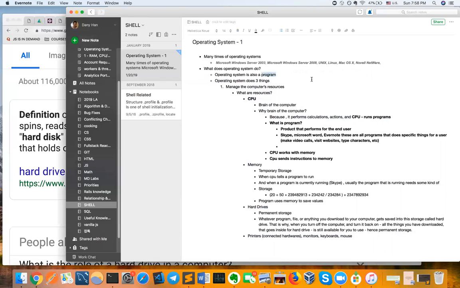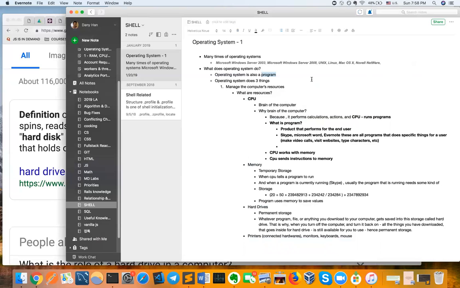A program, just like anything else, Skype, Evernote, Microsoft Word, is a product that does something. In this case, the operating system is a product that does something, which is manage the computer's resources. It's a program that controls the CPU, memory, hard drive, and printers. Which is pretty cool to think about, right? Because everything is a program then.